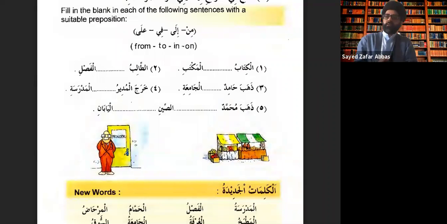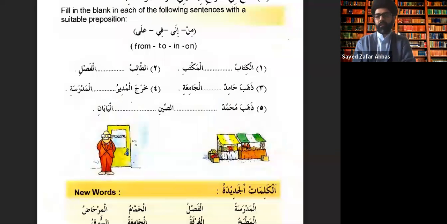So we have al-kitabu, something, al-maktabi. Which word do we think should go here? Min, ila, fi, or ala? Which word of these? Min? Are you sure? So al-kitabu min al-maktabi. So the book is in the table.